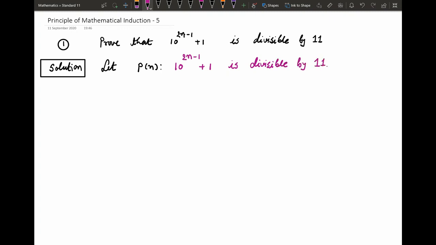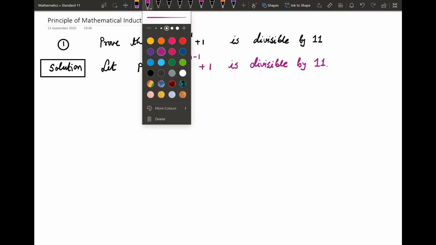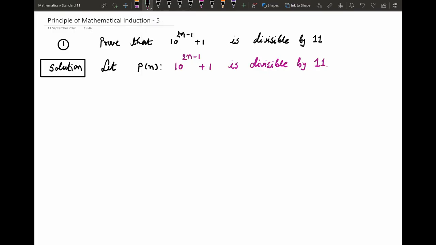Now for n equal to 1, if we take n equal to 1 in the statement, 10 raised to 2 into 1 minus 1 plus 1.